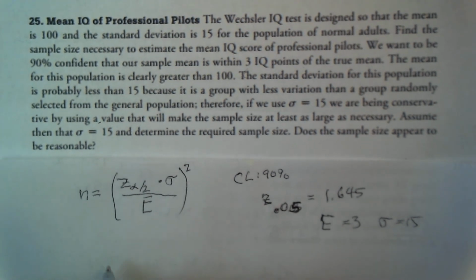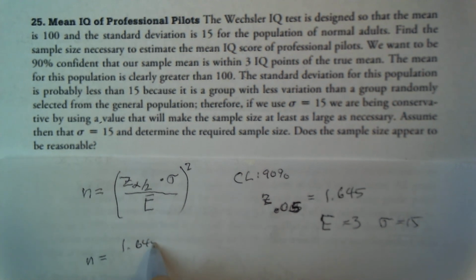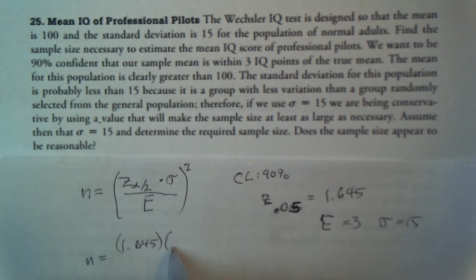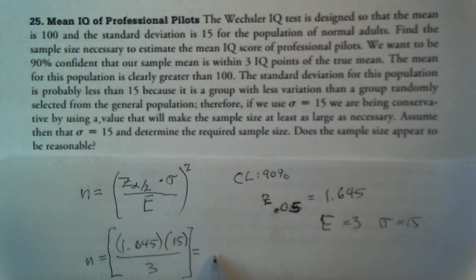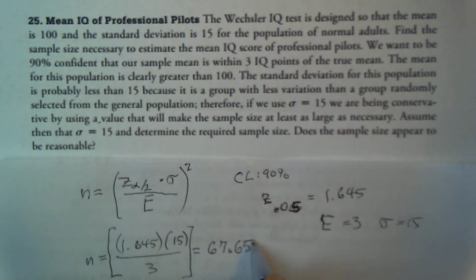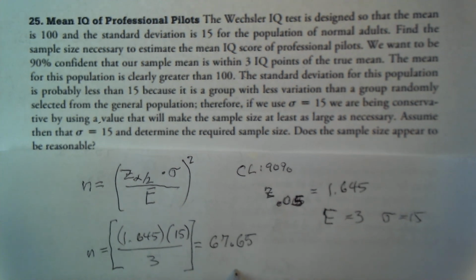So then n would equal 1.645 times 15, our standard deviation, divided by 3, and now the whole quantity squared, and that turns out to be 67.65. But remember, we always need it rounded up to the nearest integer, so the sample size should be 68.